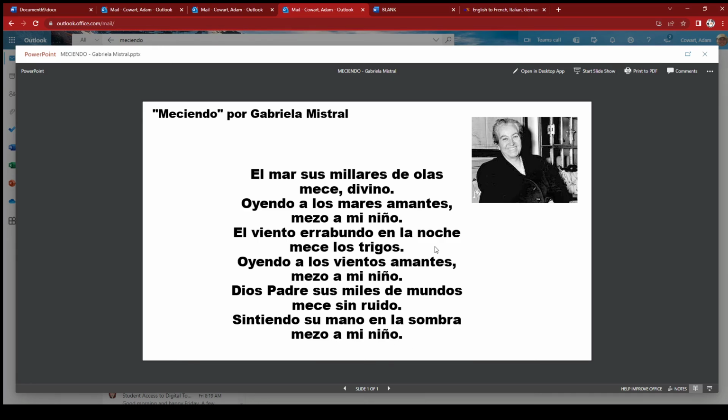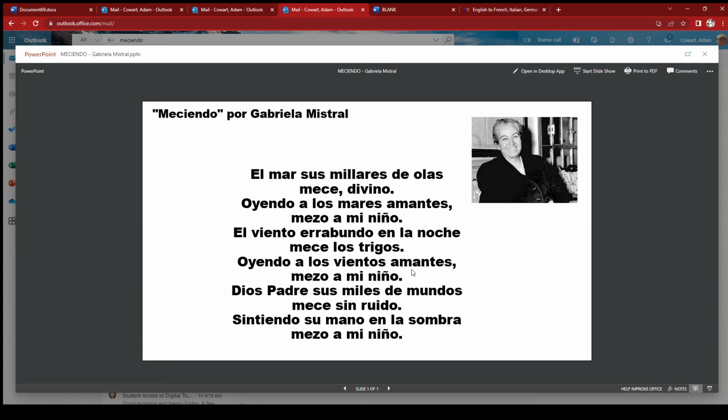And it's really pretty. It has this whole rocking back and forth motion. Here's what it says if you're wondering. The sea, its thousands of waves, he rocks divine. Hearing the loving seas, I rock my child. The wandering wind in the night rocks the wheat.